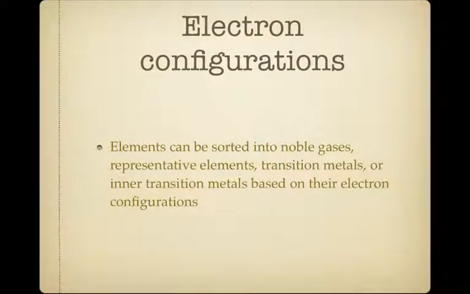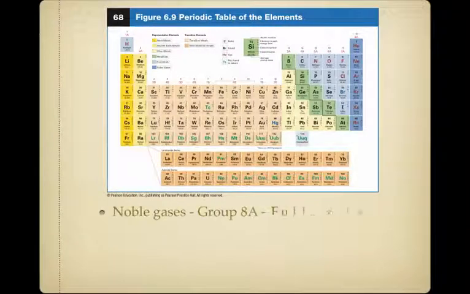And when we're talking about these elements, they can be sorted into things we call noble gases, representative elements, transition metals, inner transition metals, and so on. Let's take a look at where those would be. The noble gases are the ones on the far right: helium, neon, argon, and so on. They're in group 8A, and they have a full s and p sublevel.